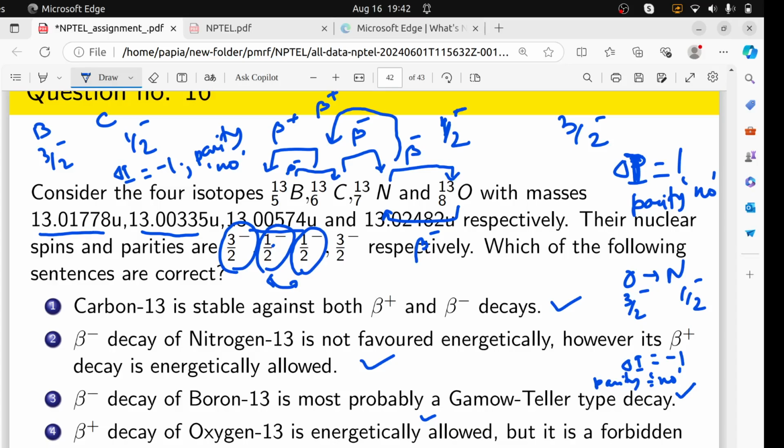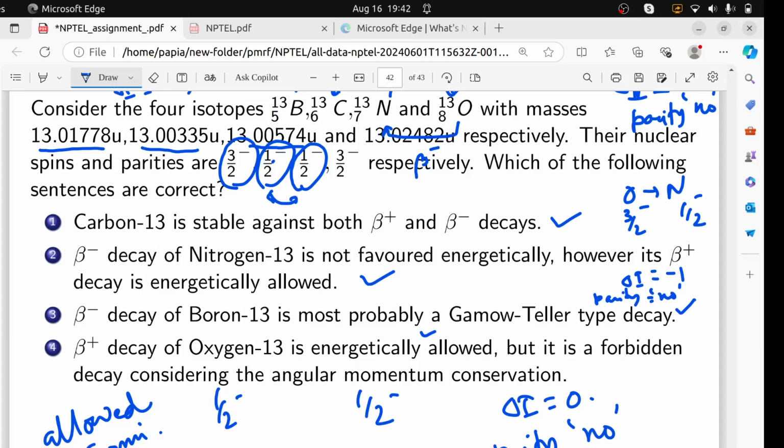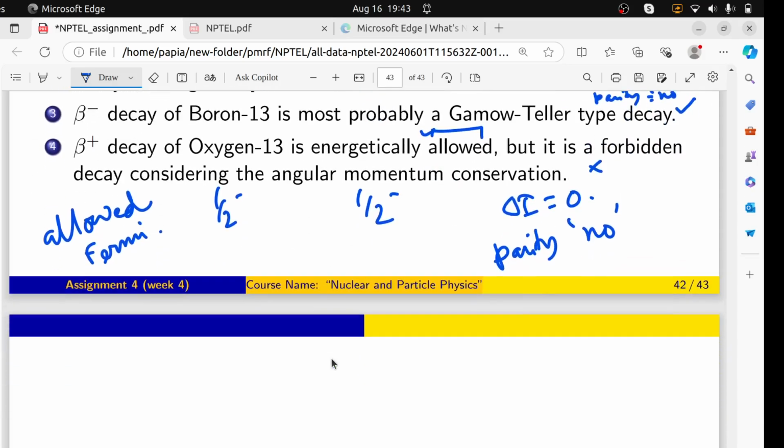So whatever the statement is there, beta plus decay of oxygen 13 is energetically allowed, up to that it is correct. But it is a forbidden decay considering the angular momentum conservation, that is not correct. So this statement is also not correct. So the correct statements will be 1, 2 and 3. So 1, 2, 3 will be the correct options.